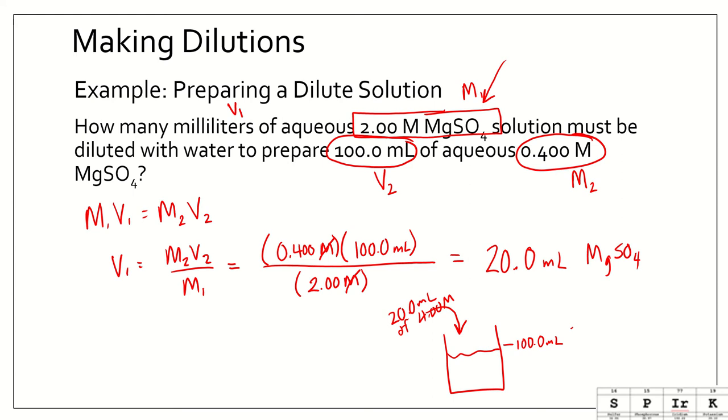And when I add that in there and I stir it around, the concentration of this solution will be 0.400. And I'm sorry, that should be 2. So we're just diluting it down, making it weaker.